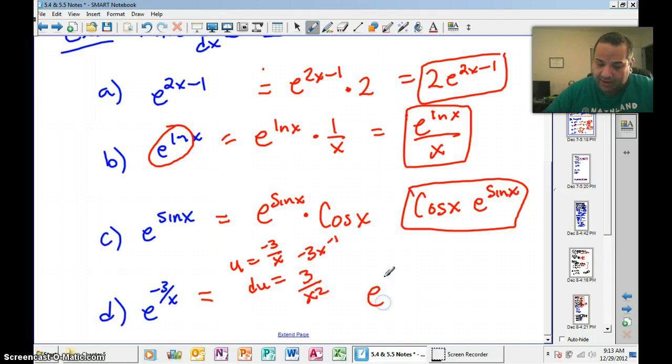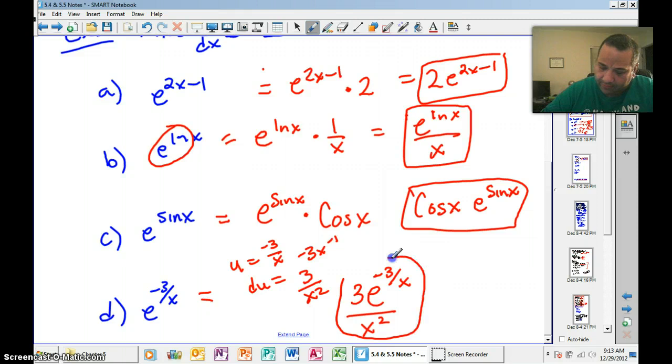Okay, so we'll get e to the negative 3 over x times 3 over x squared. Done. I multiplied them both together, and I put it in u form to kind of show you by novice. You could do all that with the two u's.